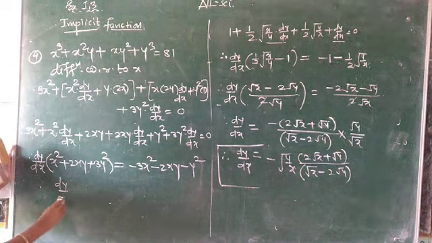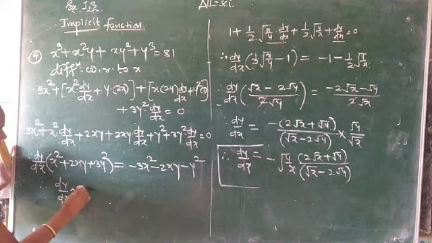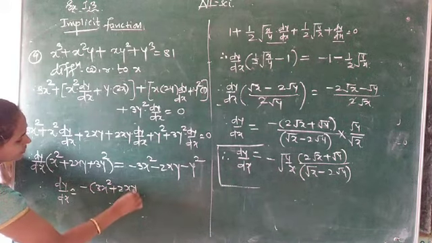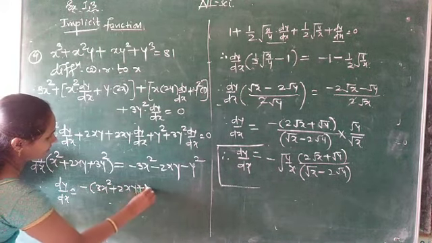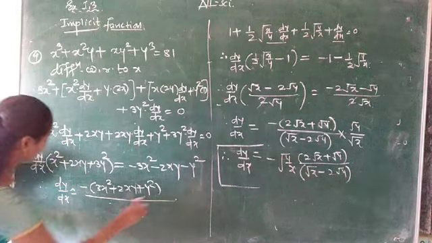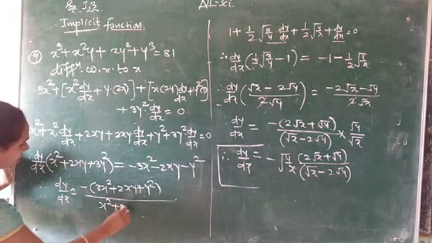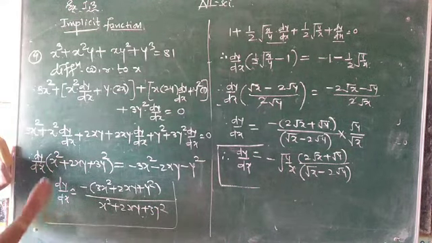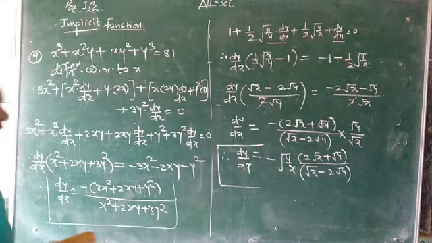Therefore dy upon dx is equal to minus, writing the sign outside, 3x square plus 2xy plus y square divided by x square plus 2xy plus 3y square. This is the dy upon dx.